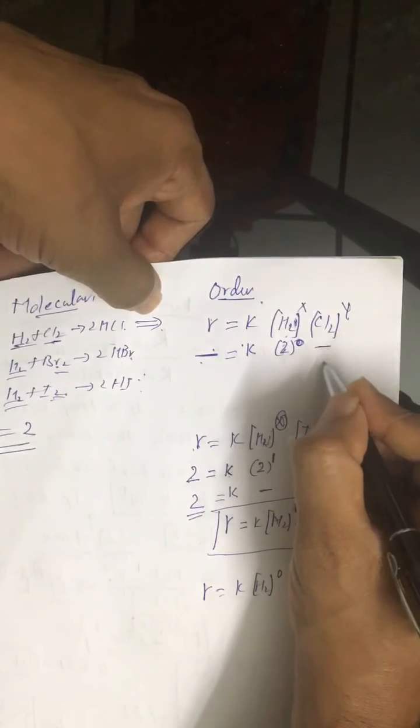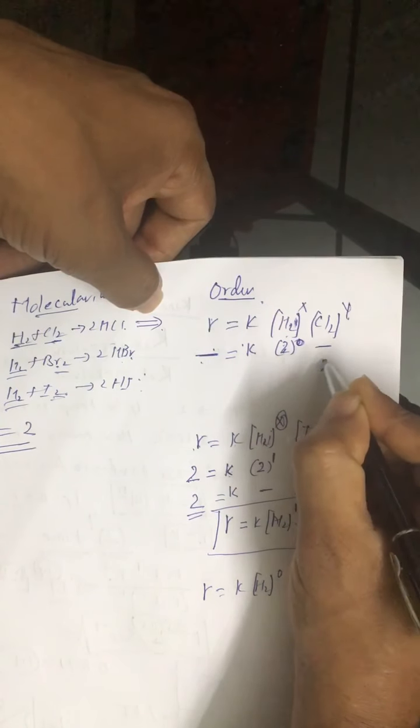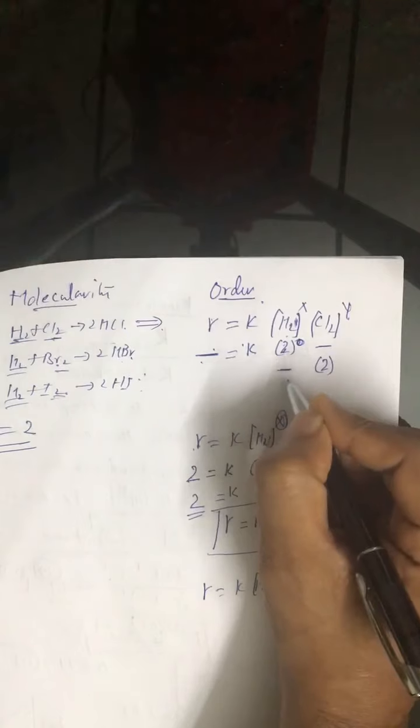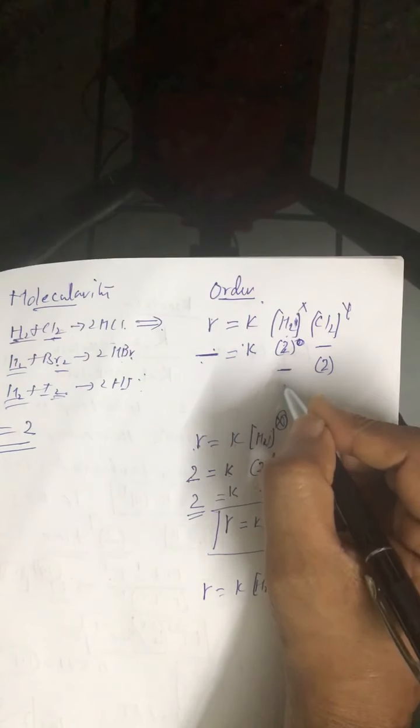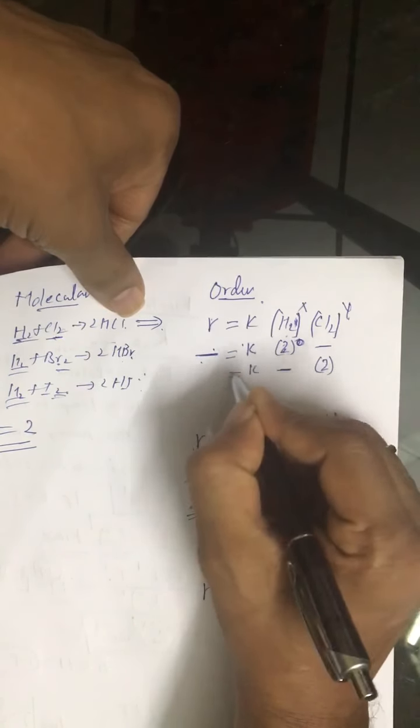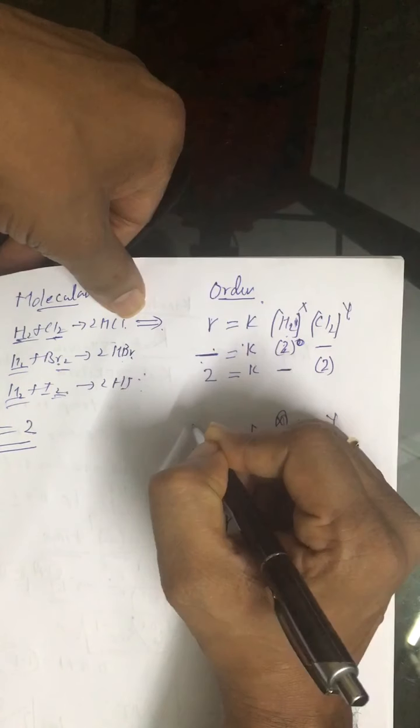Now about chlorine, the concentration of chlorine is doubled, the hydrogen concentration is kept constant, and the new observation is that the rate of reaction remains unaffected.